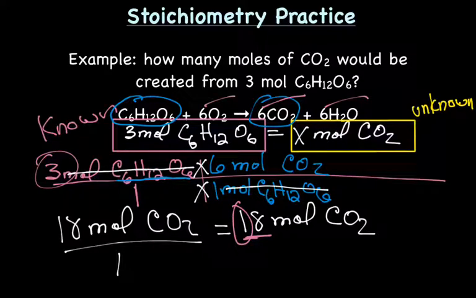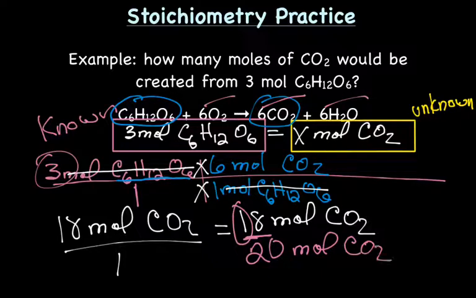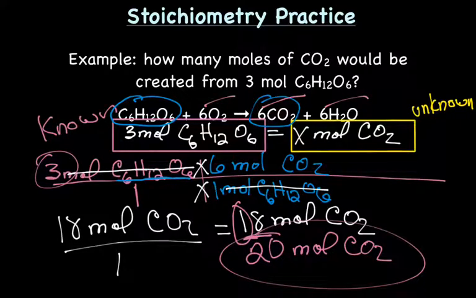The 8's going to bump the 1 up to a 2. And 2 is not a good rounding of 18. Remember, whenever we drop a digit before a decimal, we need to put a placeholder, so we'll say 20 moles CO2. All right, so there's one of our practice problems.